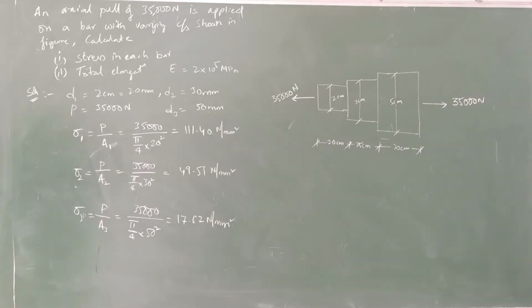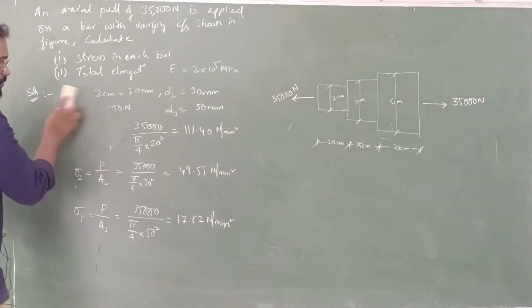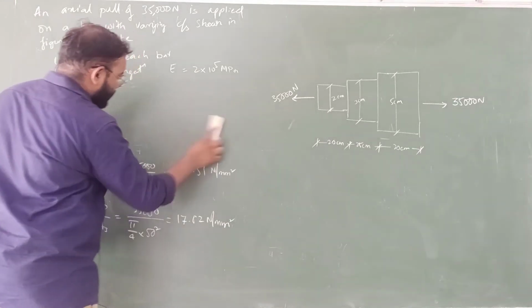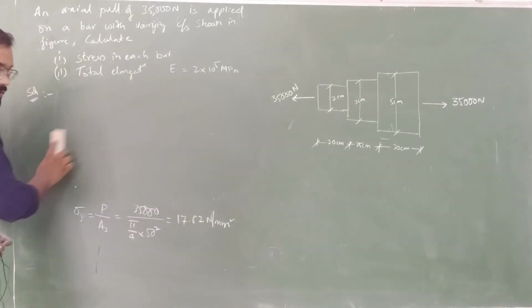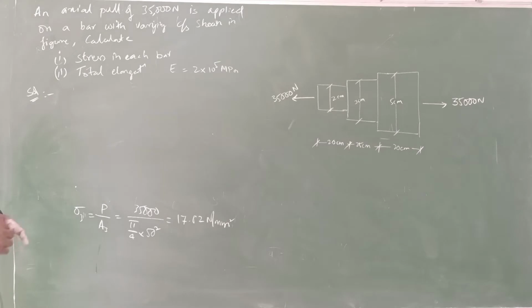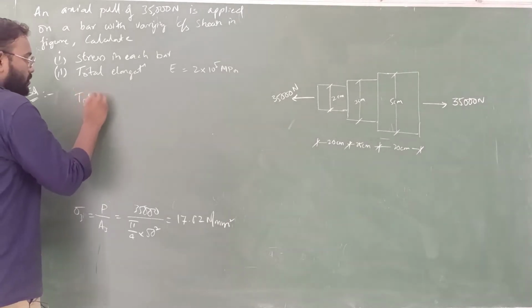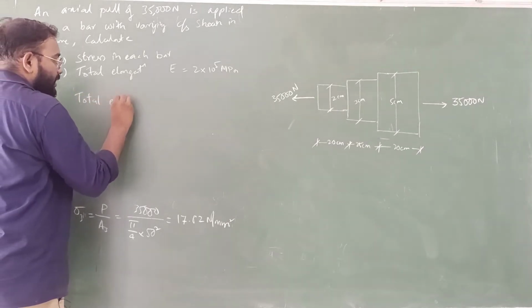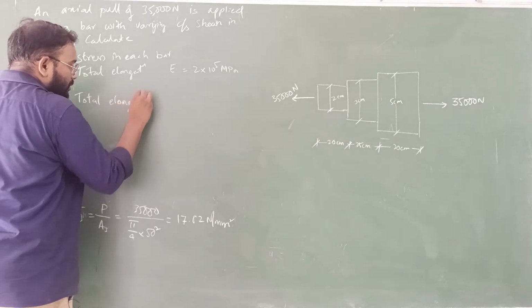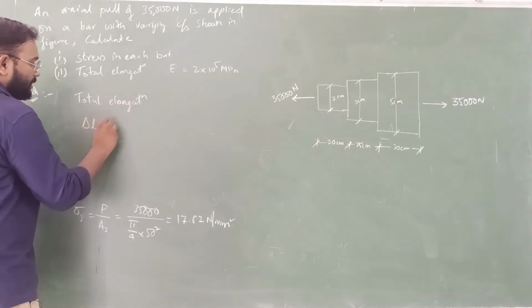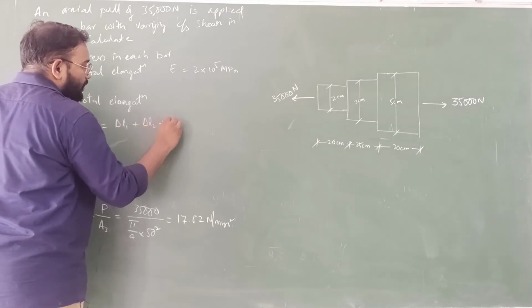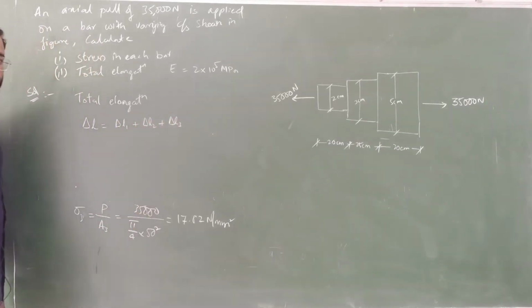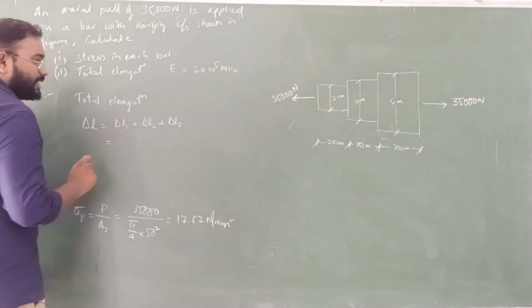Finished? Now, similarly, what is asked in the problem? You need to calculate total elongation also. Okay, total elongation, you have the formula. Total elongation, it is denoted by delta L, which is equal to delta L1 plus delta L2 plus delta L3. Now, what is delta L1?